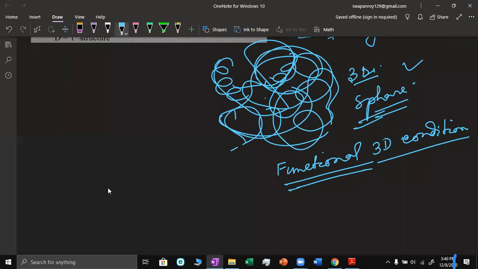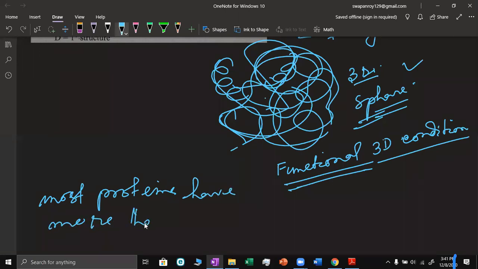But what we find in most proteins is that they have more than one polypeptide chain.